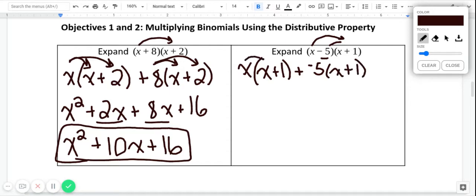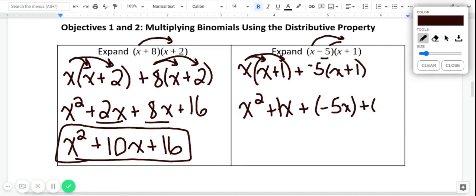All right, so now let's distribute. We got x times x and x times 1. So x times x is x squared. X times 1 is just 1x, or just x. I'll write the 1. Okay, plus negative 5 times x, which is negative 5x. And then negative 5 times 1, which is a negative 5. Okay, and you might not need to write these parentheses if you're okay with just saying negative 5 times x, you can just write minus 5x.